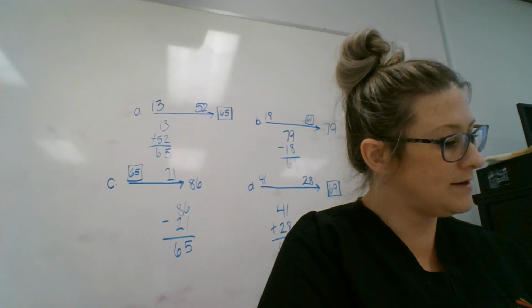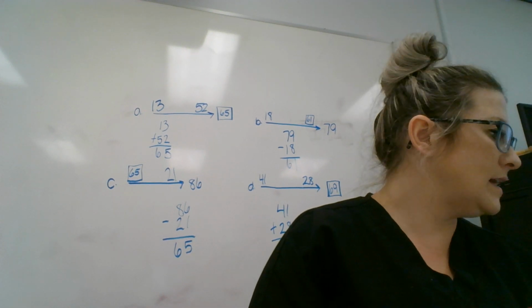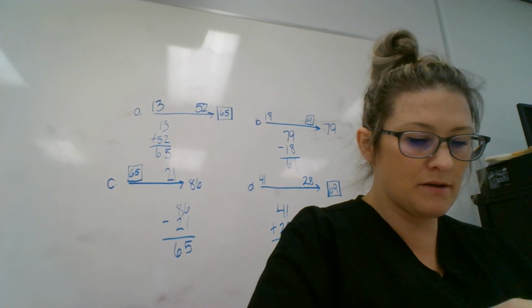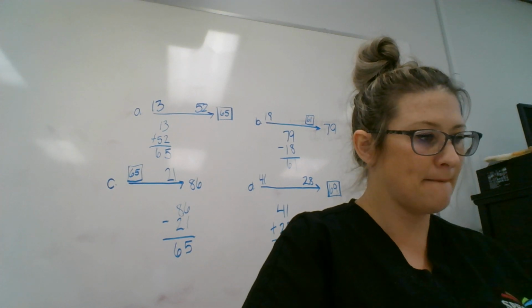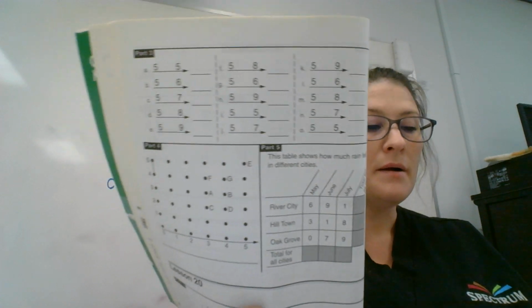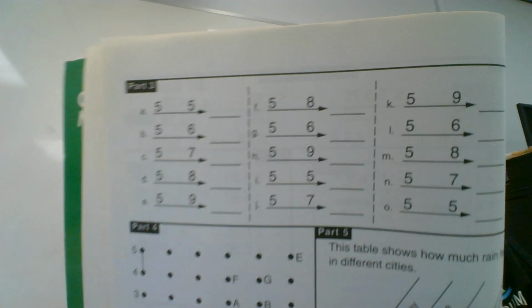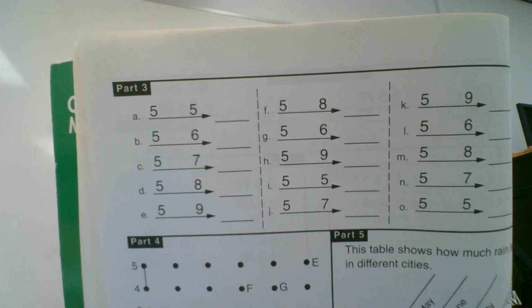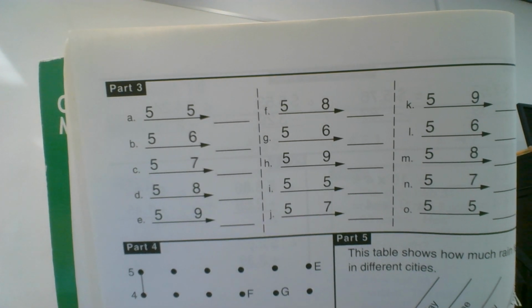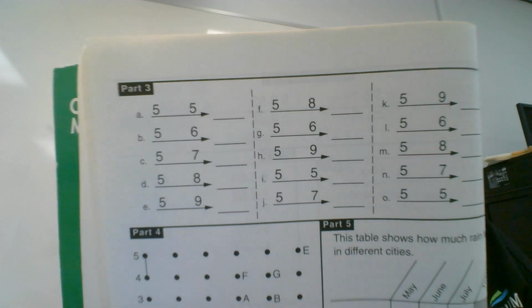All right, let's go ahead to part 3 in your workbook, your turn. We have some missing big numbers in each family. You are going to write in the sign and the answer.